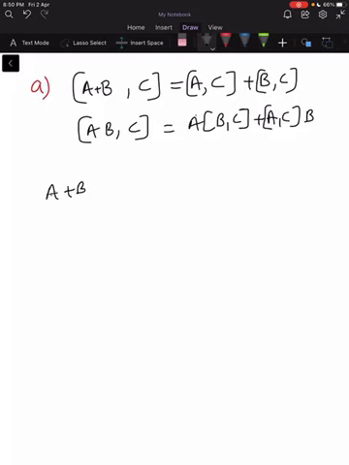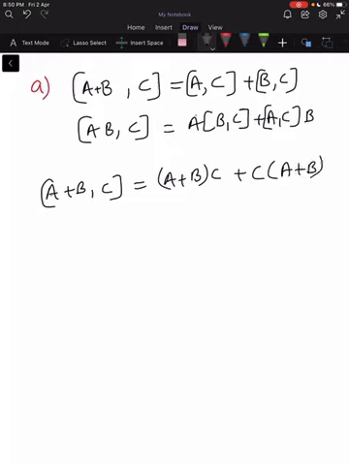For the first part, taking the left hand side, [a + b, c], it can be written as (a + b)c - c(a + b). Solving, we get ac + bc - ca - cb.